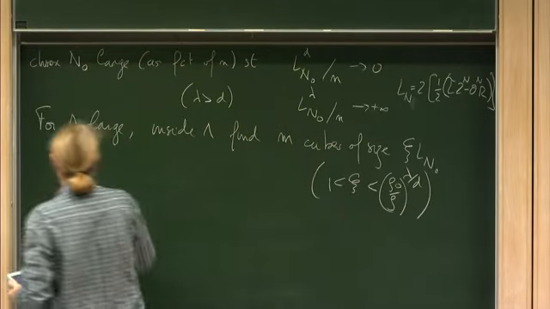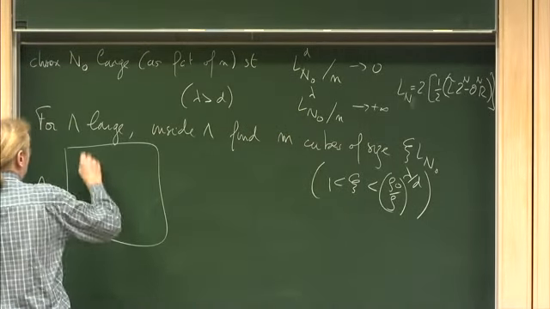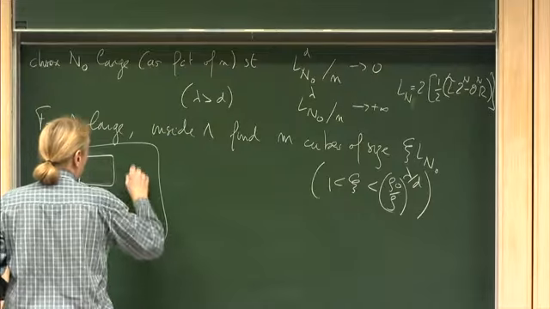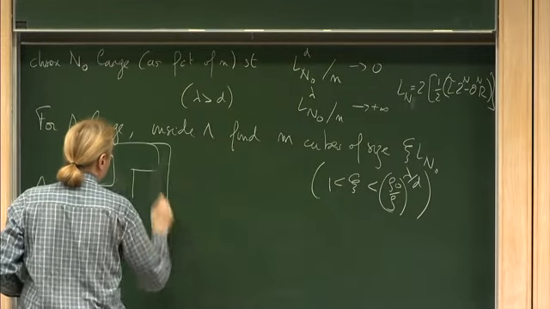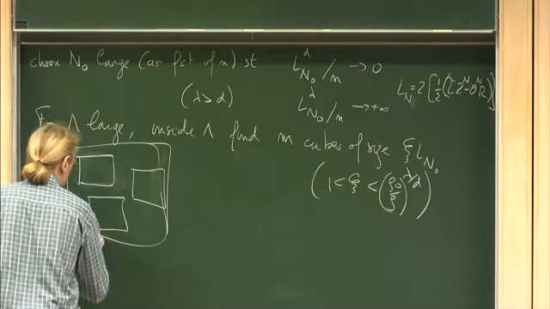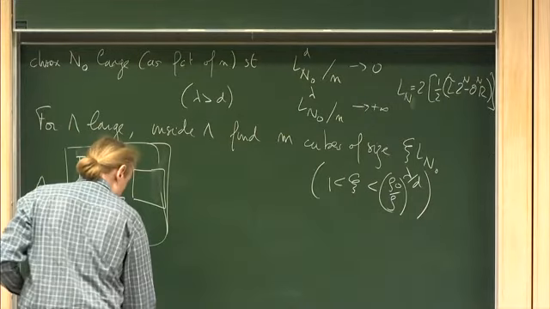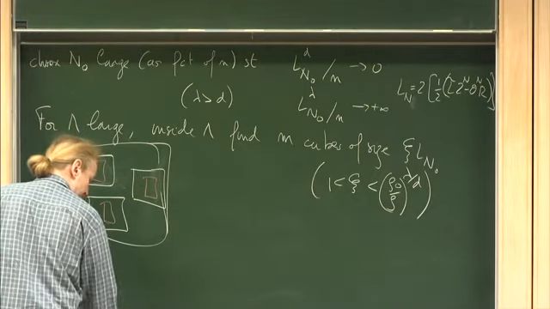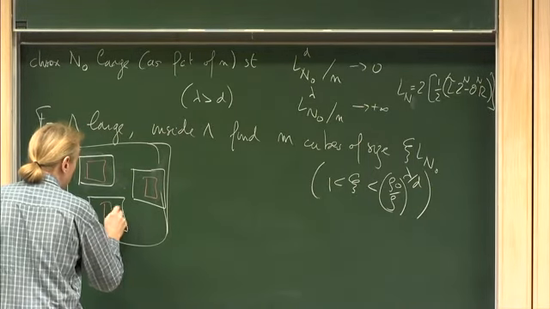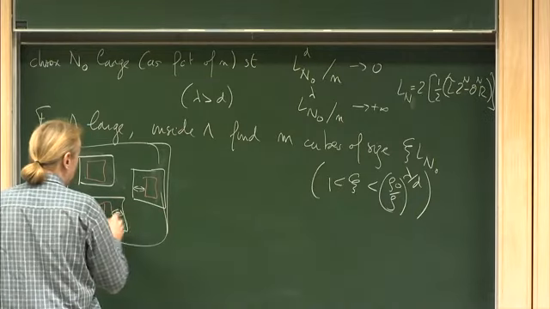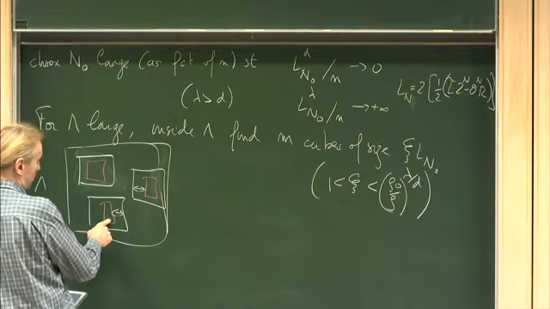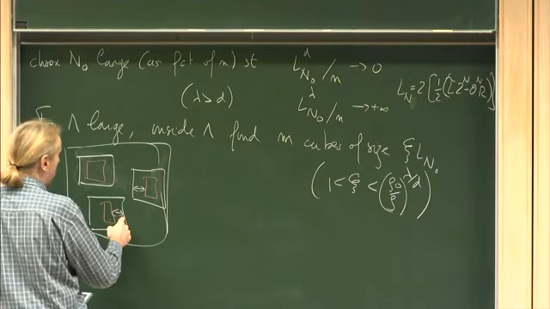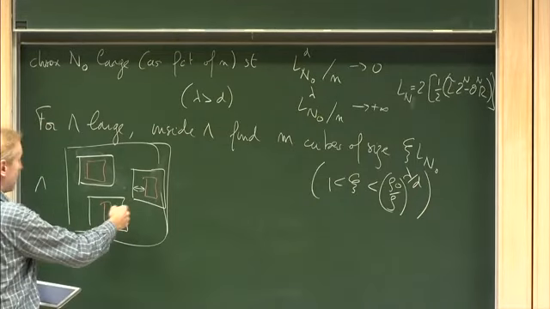So you have your big thing. This is lambda. Here you put the small cube, and these. Okay, and now we're going to shrink them slightly to bring them back to the right size. But the effect of shrinking is that it guarantees that the distance between the cubes is at least the distance from the boundary of the small cubes to the exterior of the mid-sized cubes, right?